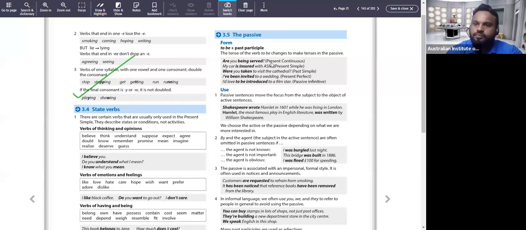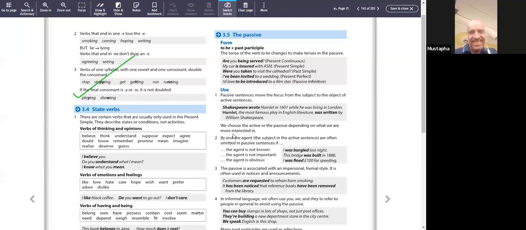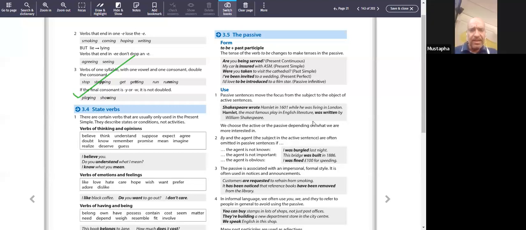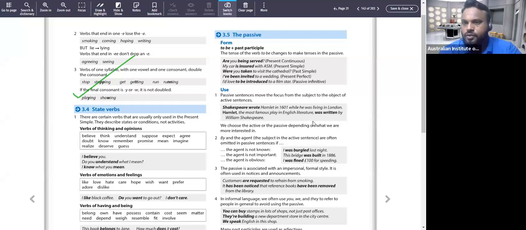Is that clear, Mustafa? It's very clear. Okay, good. I can give an example. Yes, please, a simple example. For example, I eat an apple. The apple is eaten. Absolutely. Good.